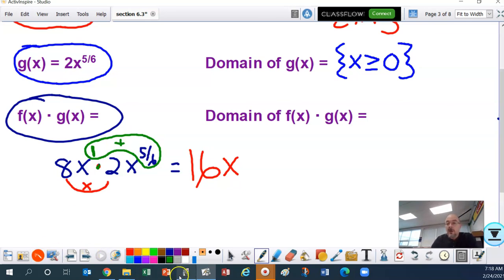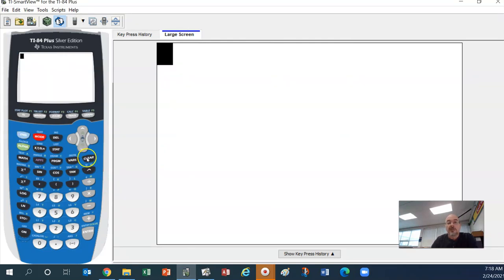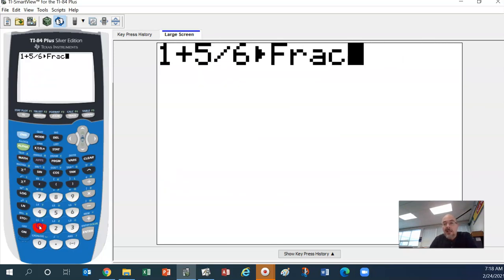And if you need help with adding exponents together, we have this wonderful piece of technology here. 1 plus the 5/6. Now hit your math button. It's underneath the green button, and pick fraction because we want it to give us the answer back as a fraction. 1 plus 5/6, ladies and gentlemen, is 11/6.